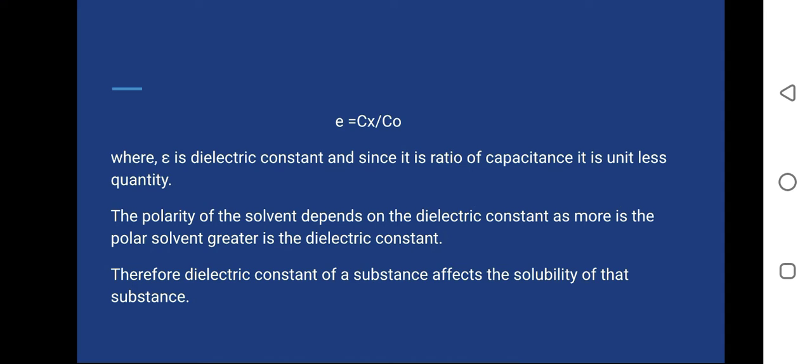That means a polar solute will dissolve in a polar solvent, and a non-polar solute will dissolve in a non-polar solvent. So the dielectric constant is a physical parameter for liquids which helps us select a solvent for the solubilization of the drug.